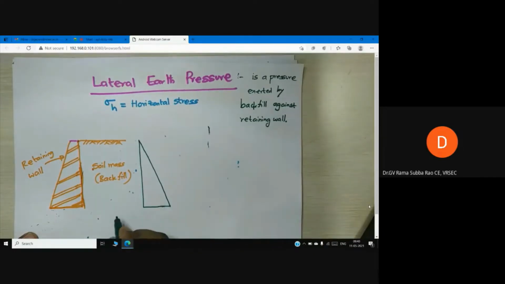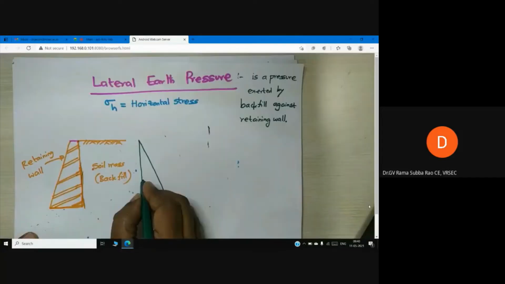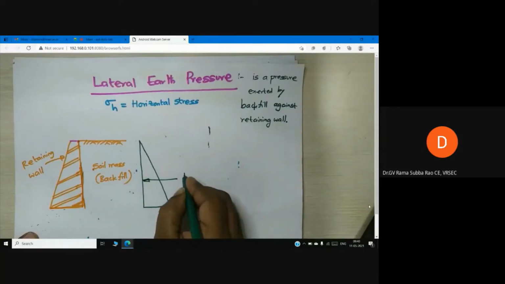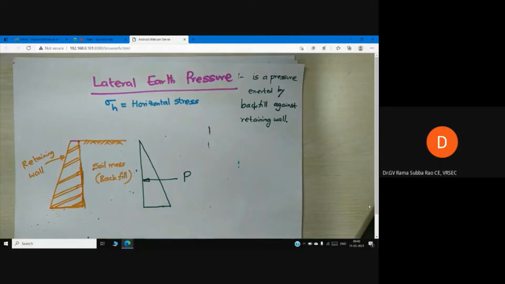So it is predominantly in the horizontal direction. Now you can see, this is the figure. Retaining wall.